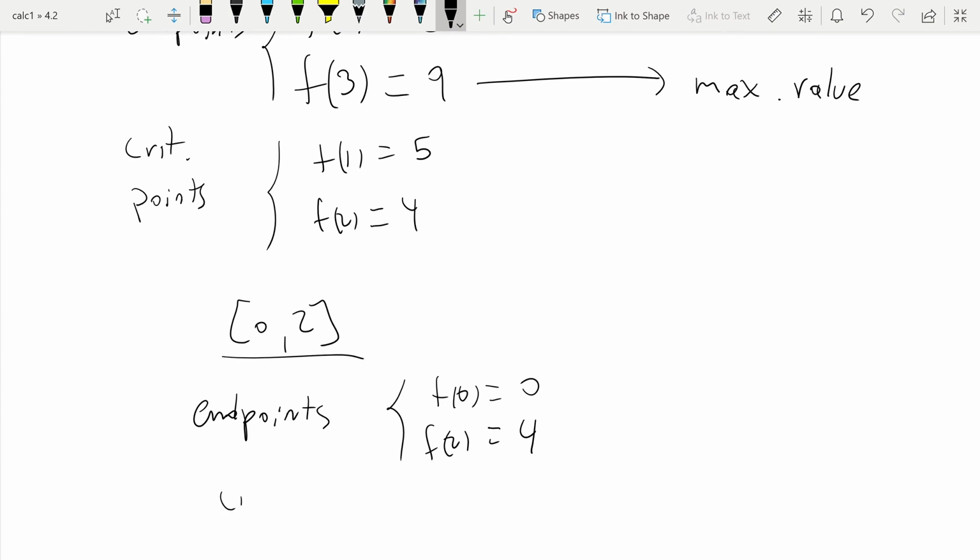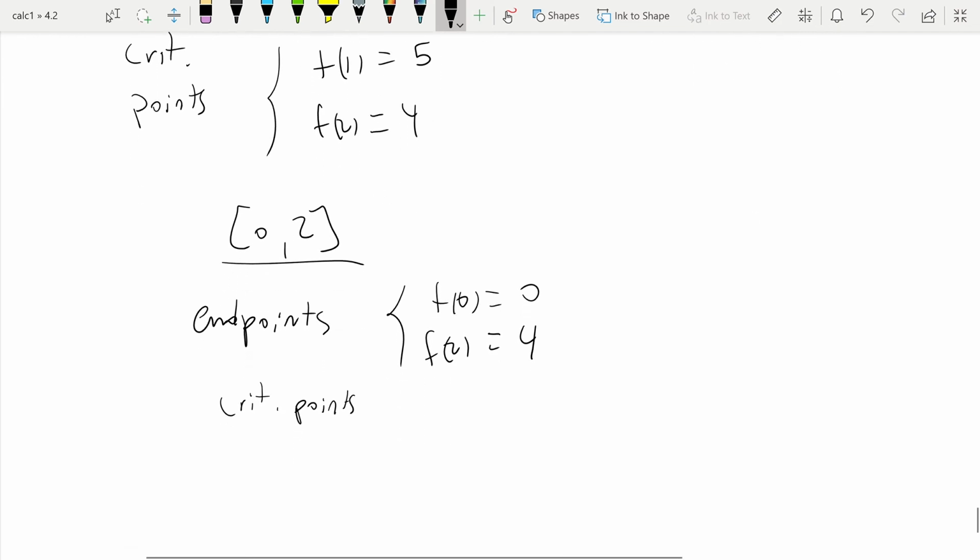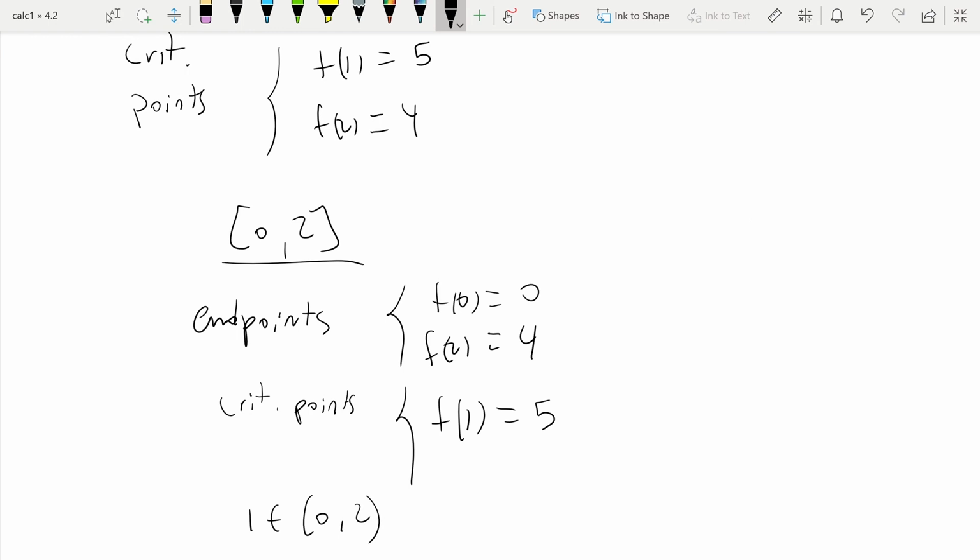And for the critical points, there's no need to write down what f of 2 is again, but f of 1 is equal to 5. 1 is in [0, 2].